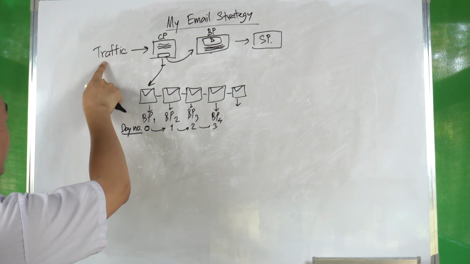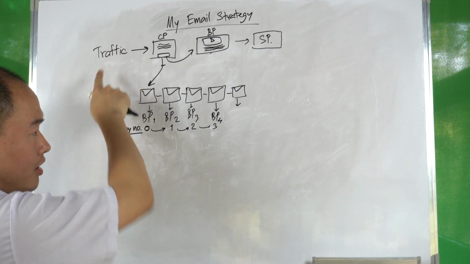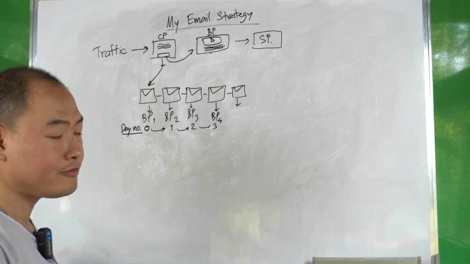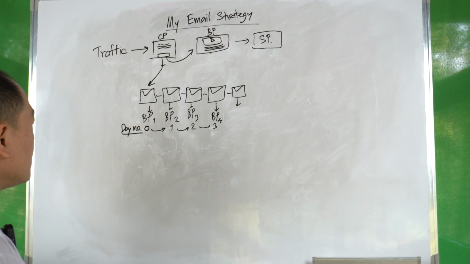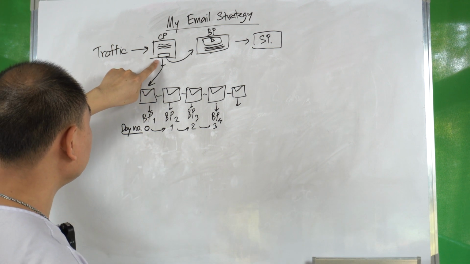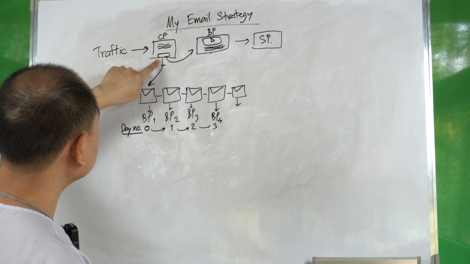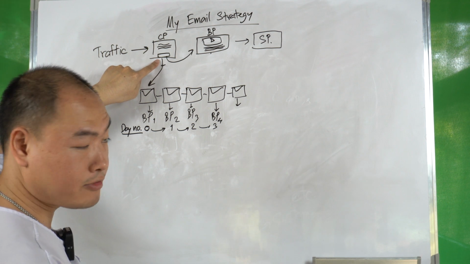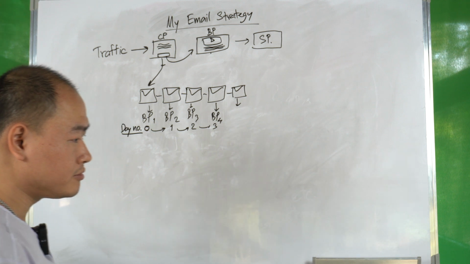The first thing, you will bring traffic from any platform out there, for example YouTube, Facebook, TikTok, or whatever. And then after you bring them here, you will bring them to the capture page. They will see the capture page where you talk about something.